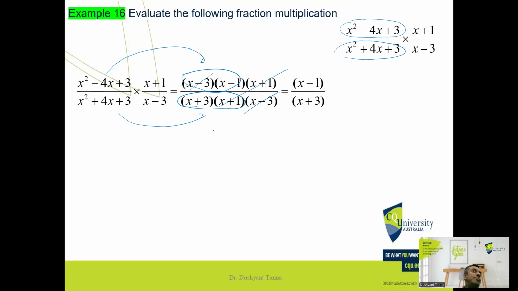The beauty of multiplication is that they're together, but you don't have to keep them together. So this cross of x plus 1 is there. You can keep it there, or you can leave it the way it is, but it will still have the same impact. Okay. But this makes sense now?